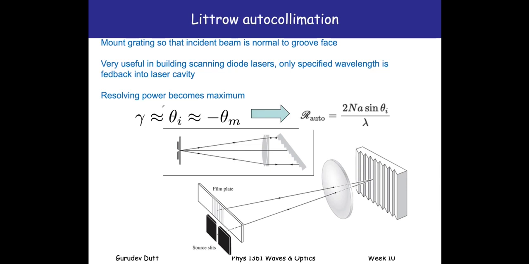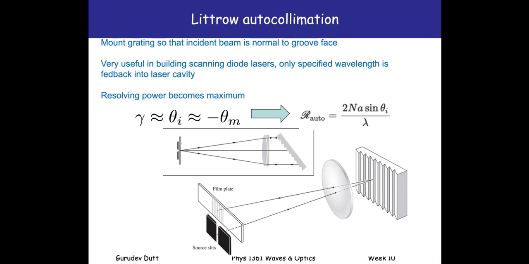So this Littrow autocollimation condition is very useful. As you can see here, the angle of the order can be selected by just slightly altering the grating. You can see that there is a diffraction pattern that is projected here. This is the three-dimensional view, and this is the side view.